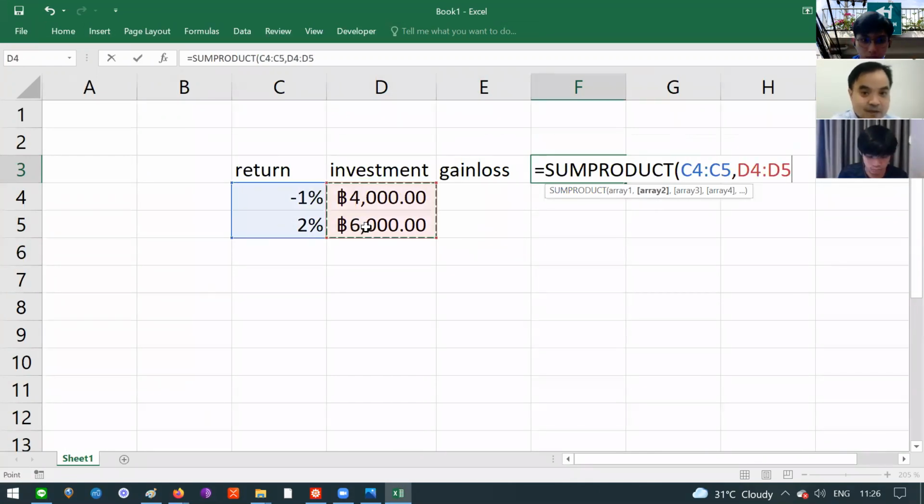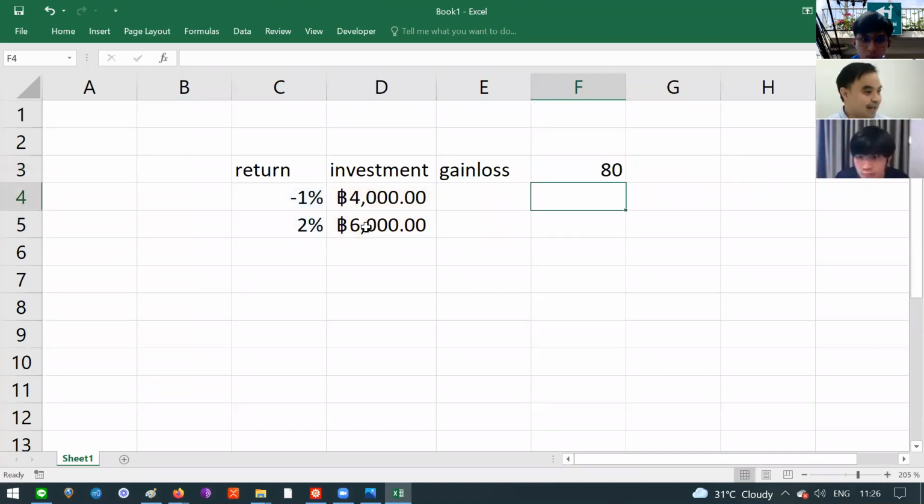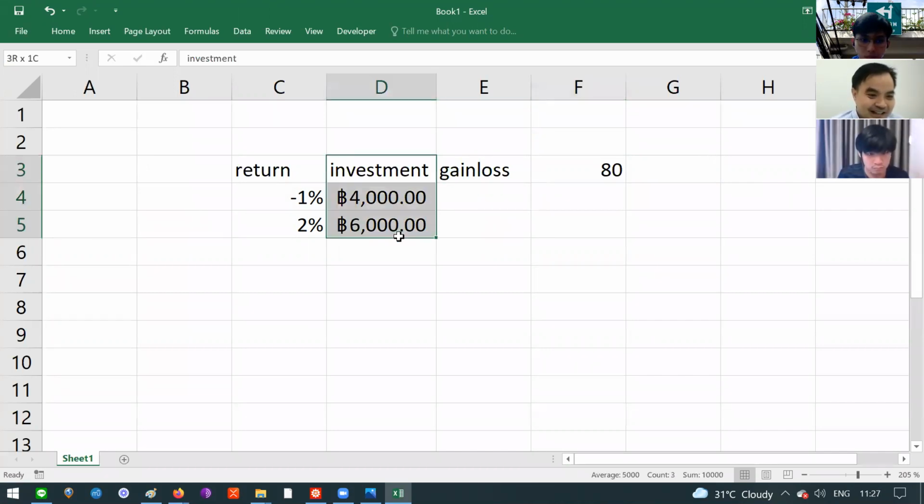That's it, 80 baht. Just like before. Now, mathematically, and again, it sounds like much ado about nothing. Let's make things difficult. Let's do this again.